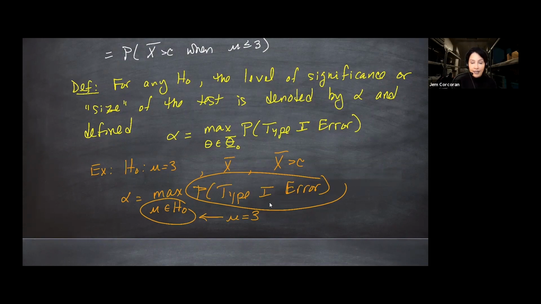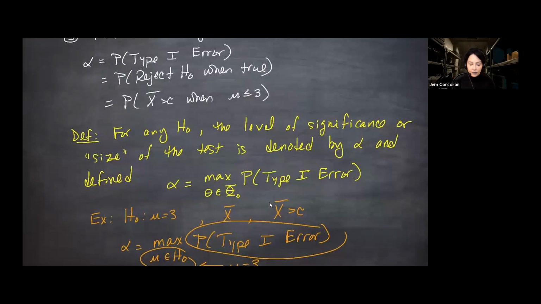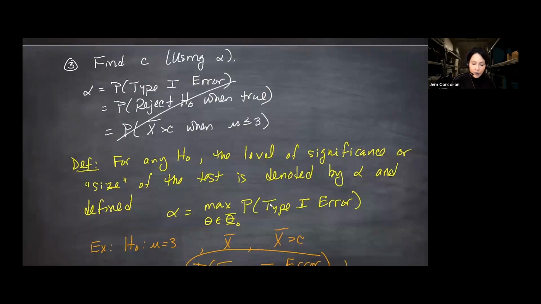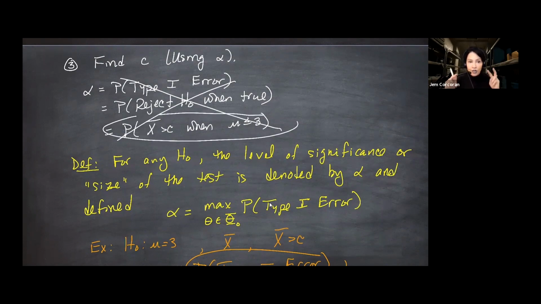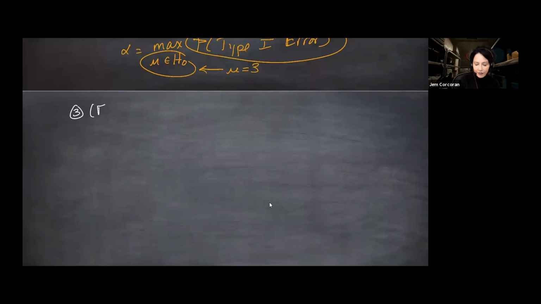Okay, so back to the example. This is not quite right because we couldn't figure out how to compute this probability unless we knew exactly which mu, or which of the simple hypotheses contained within the null hypothesis, was true. So I'm going to go back to step 3. We want to find c using alpha.